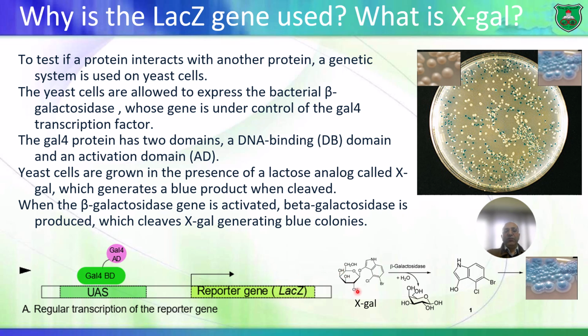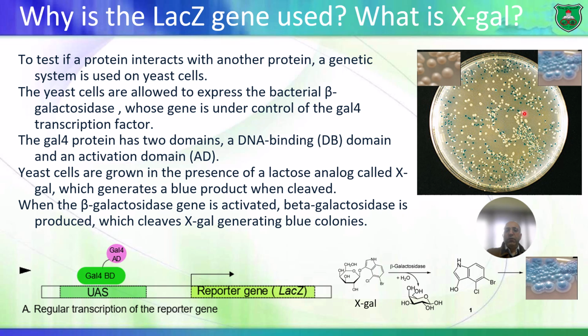If we add X-gal to these yeast cells, they can take up X-gal, they can cleave it, and they can produce this substrate that gives a blue color. Now remember that if we grow yeast on a plate, on a dish, each cell can form a colony.